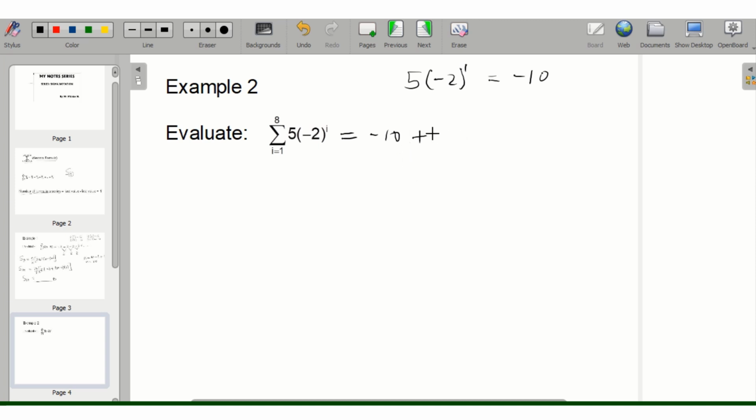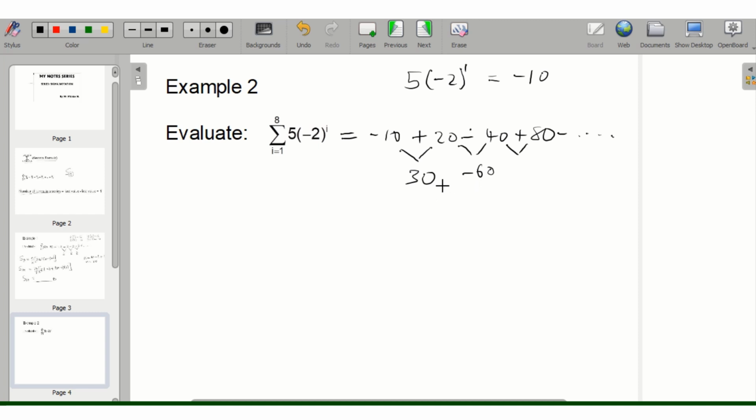And if you do that for the second one, you'll get positive 20. Then you'll get minus 40. Then positive 80. Minus, and so on and so forth. So if you try and find the difference here, 20 minus minus 10 is 30. Minus 40 minus 20 will give you minus 60.